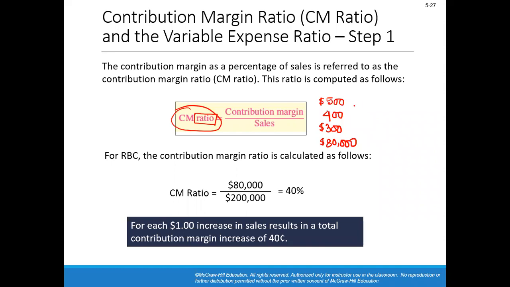So we see that our contribution margin is the difference between the sales price and the variable cost. In terms of total, our contribution margin is our sales unit multiplied by price 500 minus variable cost. This is the contribution margin per unit.